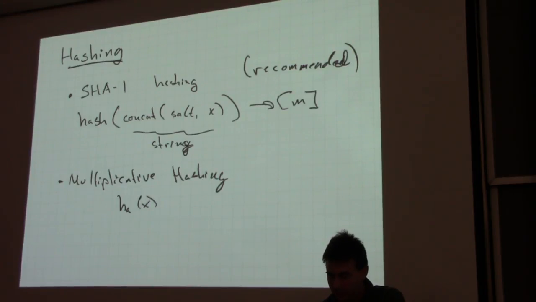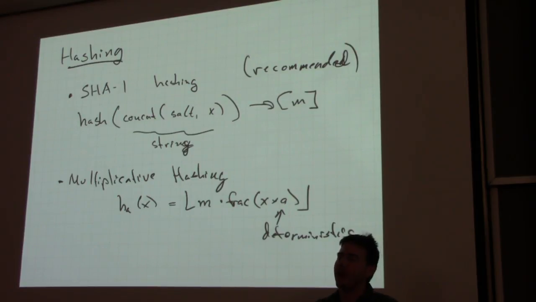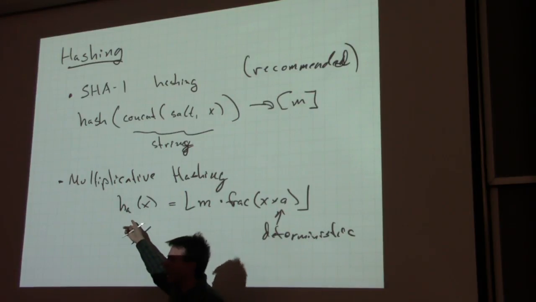It's going to be the floor of M, which is the size of the domain, times the fractional component of X times A. A is something deterministic that is used to define the hash function, but you choose it randomly. So the hash function is fixed once you choose A. It defines a hash function.